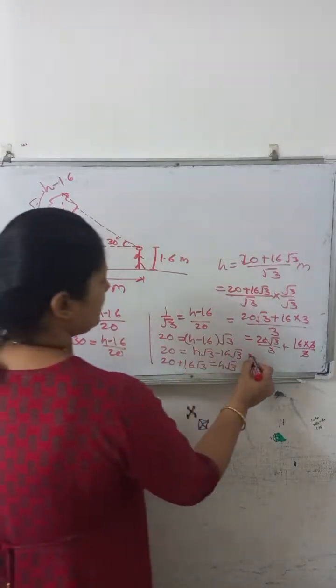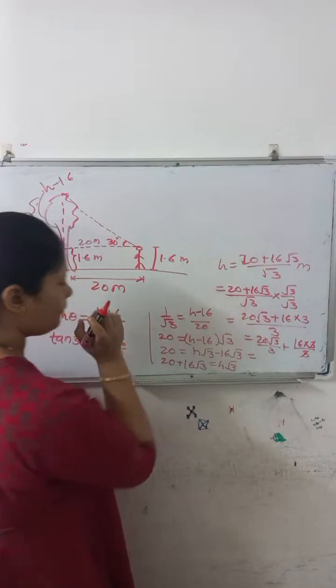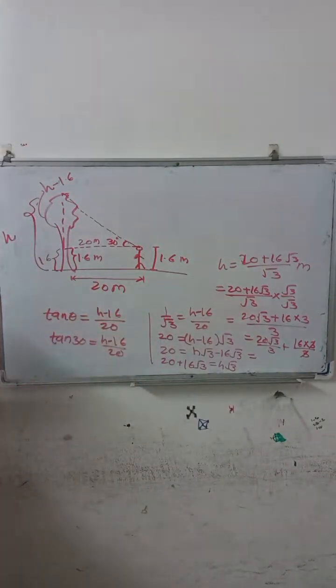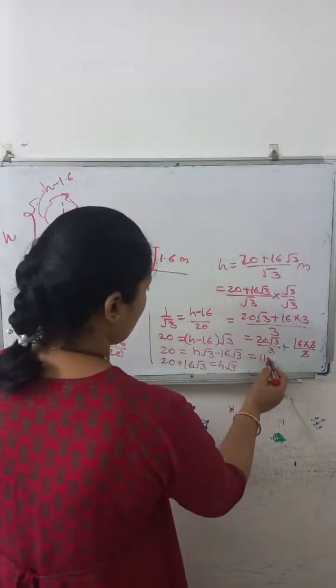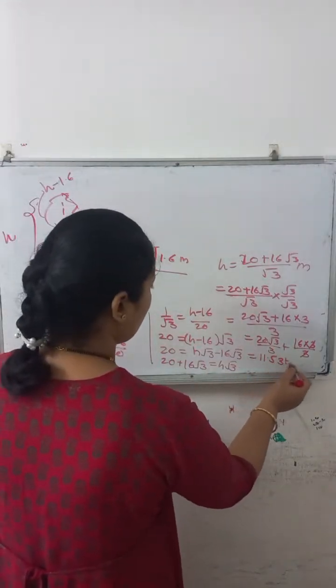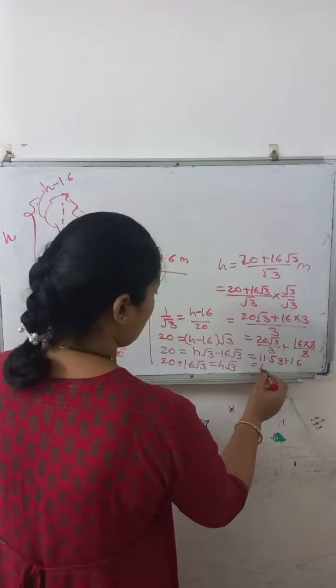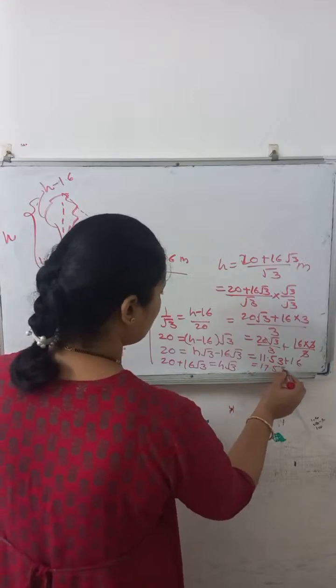After doing multiplication, 1.71 into 20 by 3 is nothing but 11.53, plus 1.6. That means 13.13 meter.